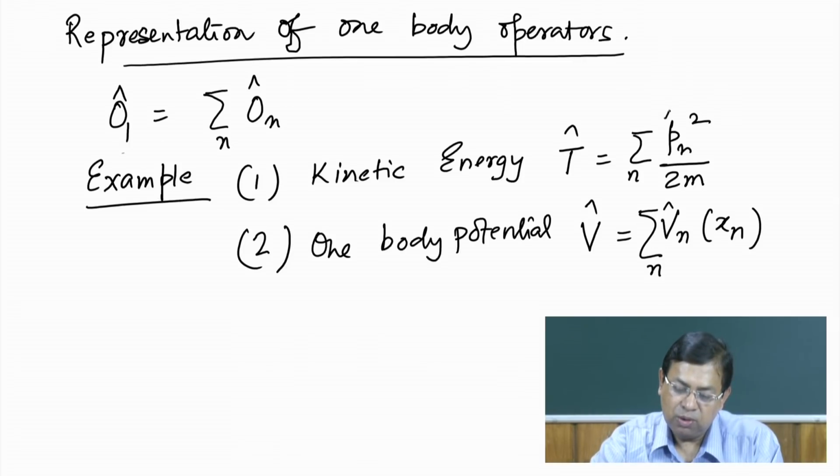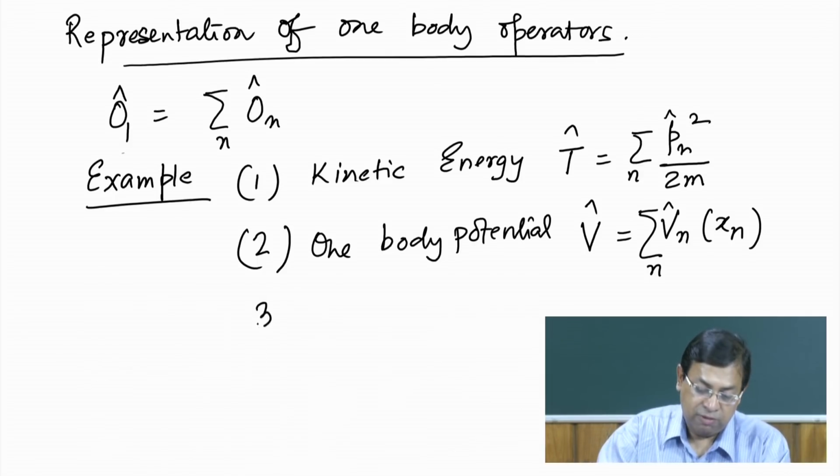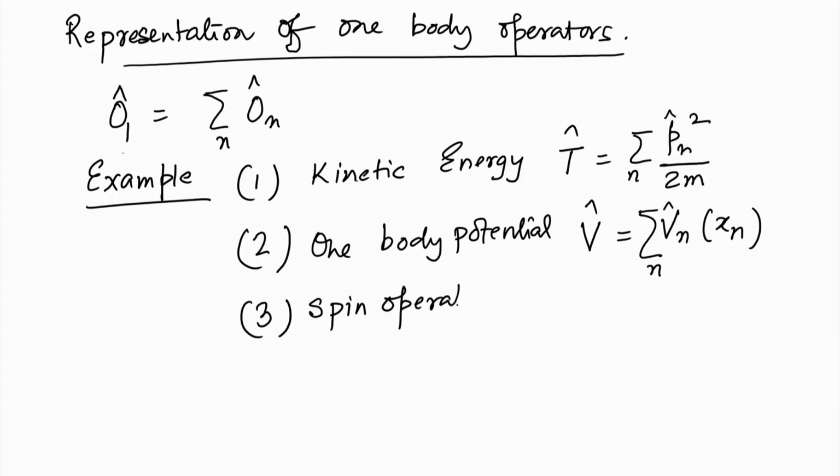Here P is also an operator which can have a form which is minus i h cross del, the differential operator. And similarly, we can also have the spin operator S, which is a sum over n of S n and so on. So, there are many examples of that.